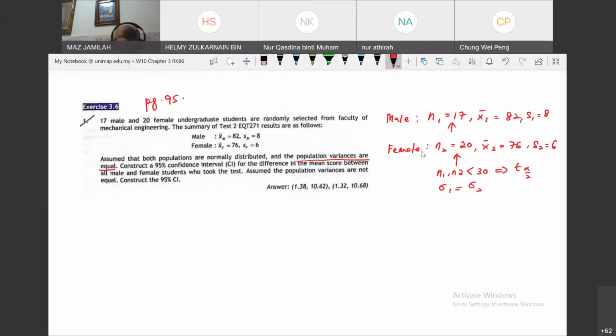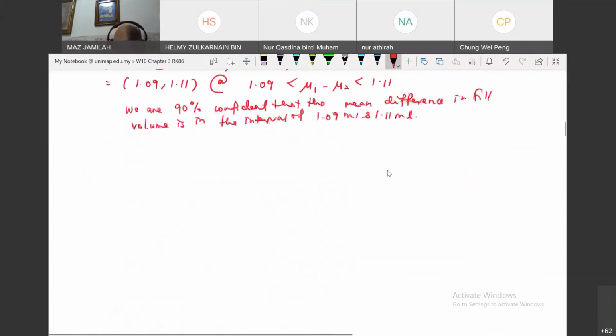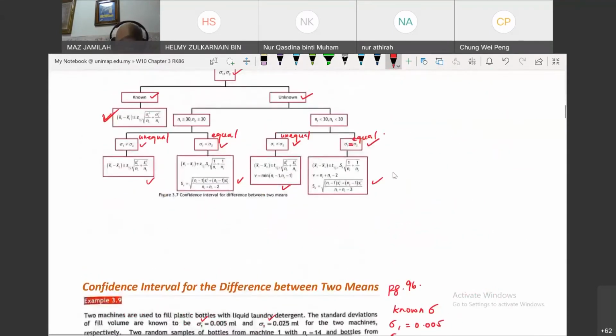Okay, so let's continue with the calculation of your CI. So you have X bar 1 minus X bar 2 plus minus, not z, t alpha over 2, so that will be 0.05 divided by 2. And then for t with equal variance, you are going to use this part.